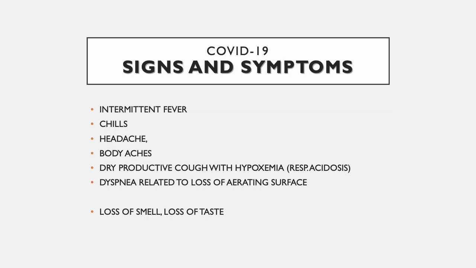Okay? So, yun, there can also be dyspnea because of the loss of aerating surface, and in some, it affects the receptor sites. So, there can also be loss of smell and loss of taste.